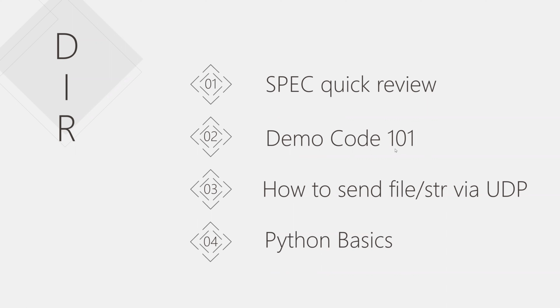But maybe before we do the demo code, we will also have a look at the Python basics. So I will list all the things you need to know before you do the programming stuff. And we will also have a demonstration of how to set up a file or string transferring via the UDP connection.